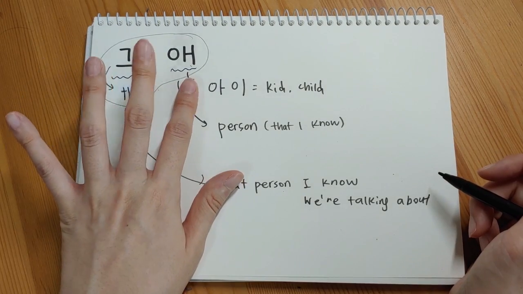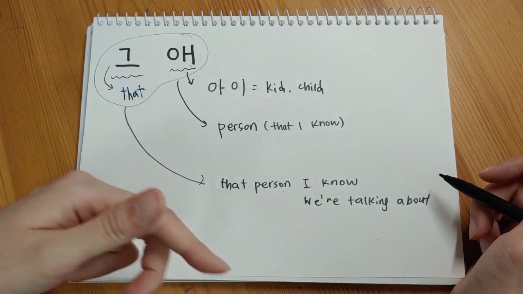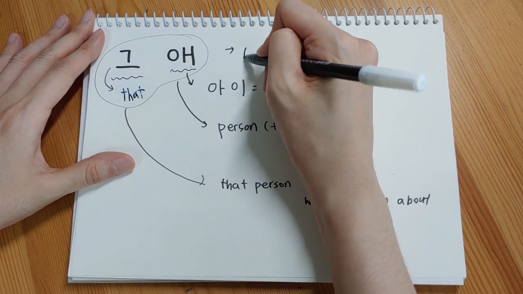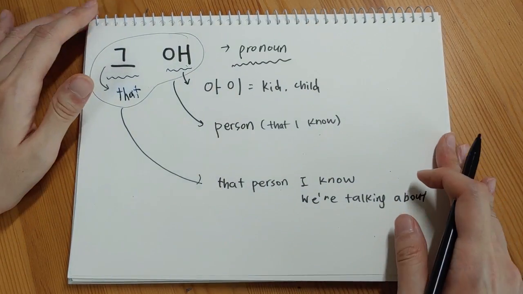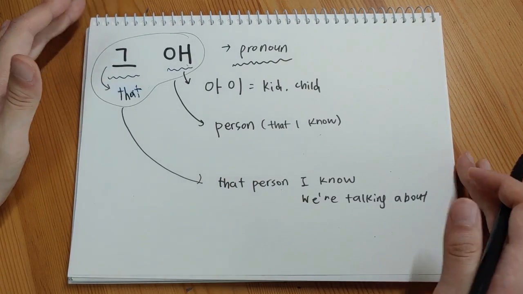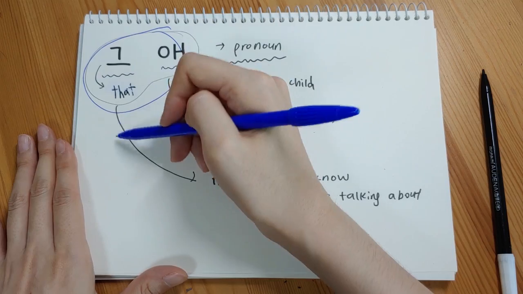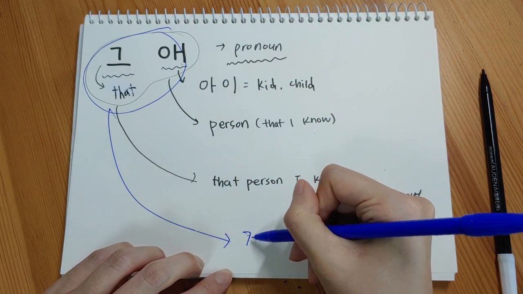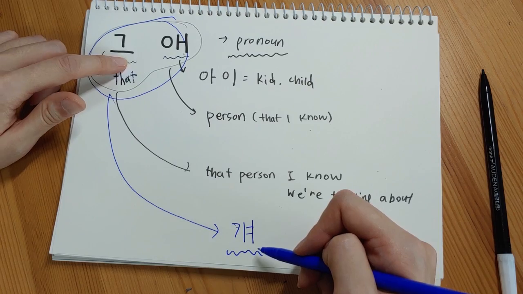So 그애 refers to someone that is talked about in the sentence or in the conversation. So this is actually a pronoun. This works as a pronoun, right? So 그애 is one of the alternatives that you can use for pronouns. But usually 그애 is abbreviated and becomes 걔. So 걔 or 그애 means the same thing.